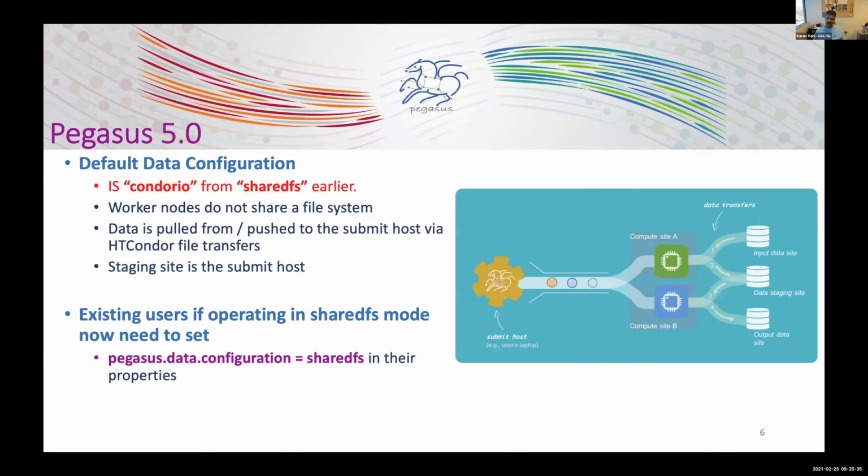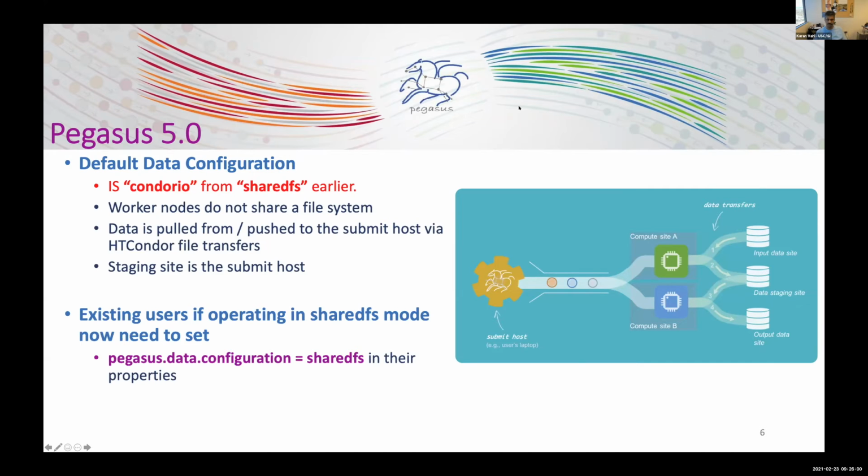Another thing which we have done is that, in our efforts to make Pegasus easier to use, we've also decided to embrace Condor file transfers as our preferred choice of transferring files in a default sense. So, we changed the default configuration in Pegasus from shared FS to Condor IO. And there are a couple of reasons why we are doing it.